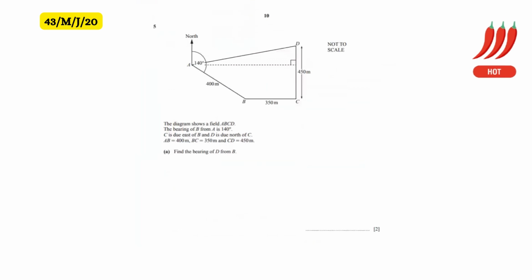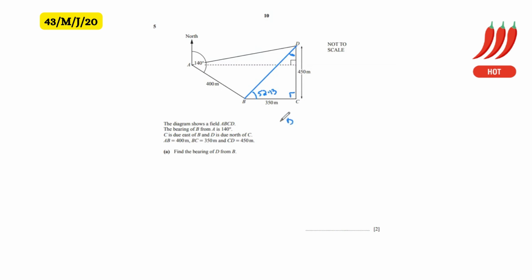So to calculate the distance of D from A, we know that this is 52.13. We can easily find this angle by subtracting 52.13 from 90 because this was a right angle triangle.